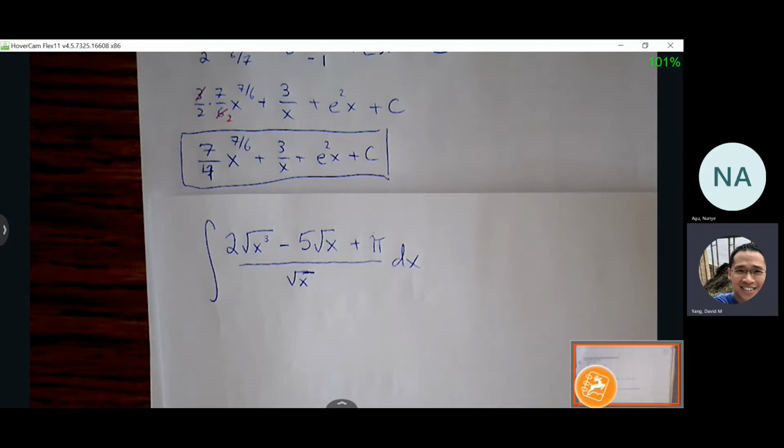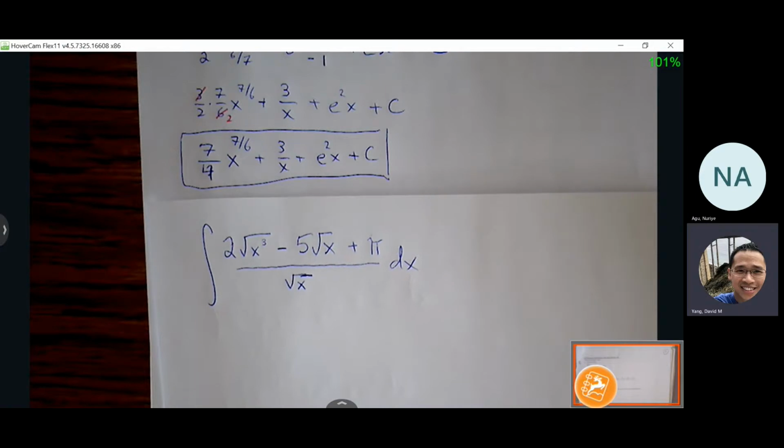Okay, 2 square root of x cubed minus 5 root x plus pi all over square root of x. Okay, so here's what we can do.